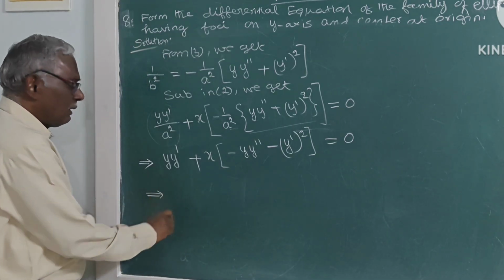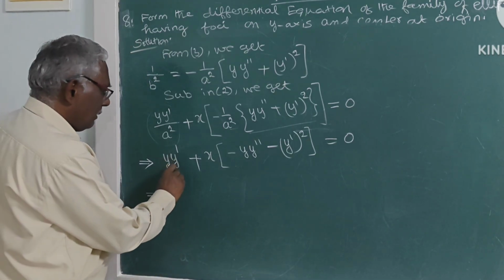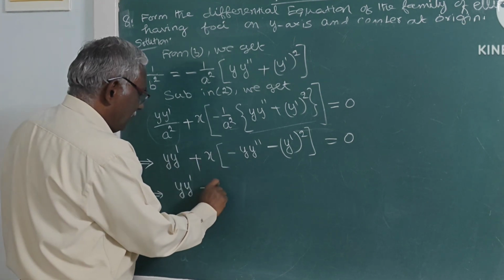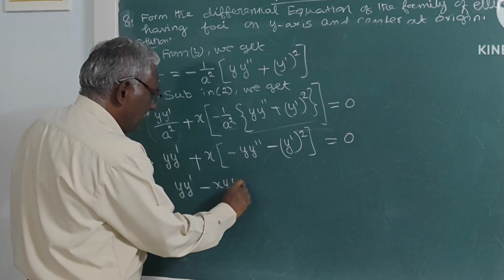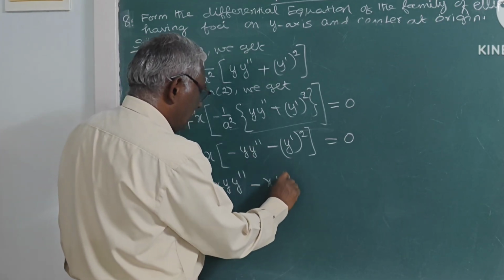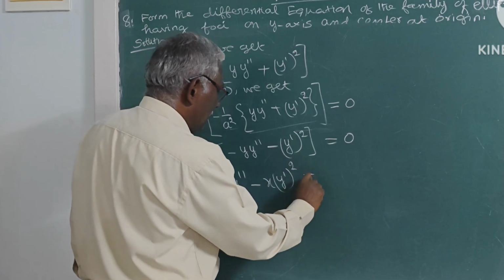So can I rewrite this as y dash minus x y double dash minus x y dash square is equal to 0.